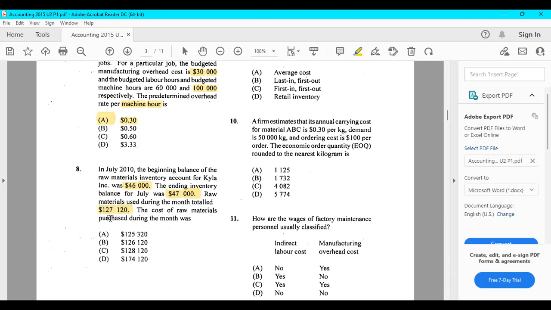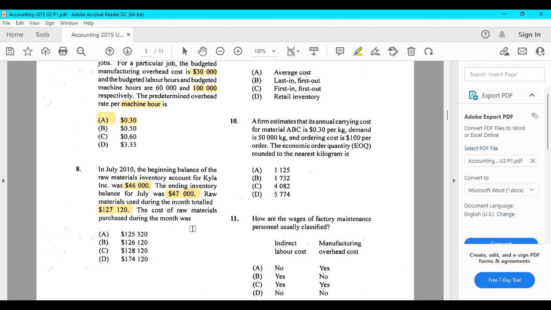The cost of raw materials purchased during the month was... So we're given beginning inventory, ending inventory, and raw materials used during the month. We're asked to find how much raw materials we actually purchased during the month. We know how much we start off with, how much we end with, and how much we used, but how much did we purchase during that period?